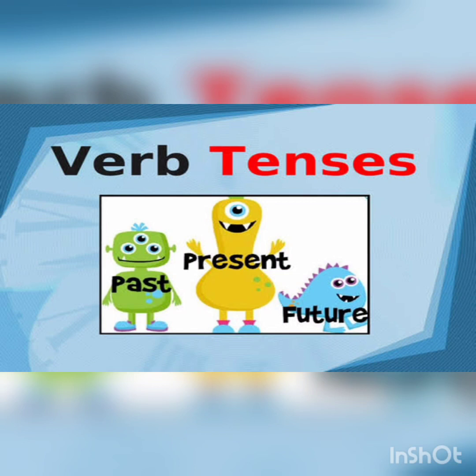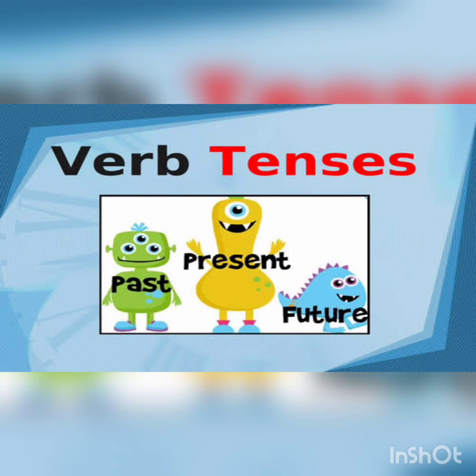The concept of tense in English is a method that we use to refer to time, that is past, present and future. So children, there are three types of tenses: past, present and future.